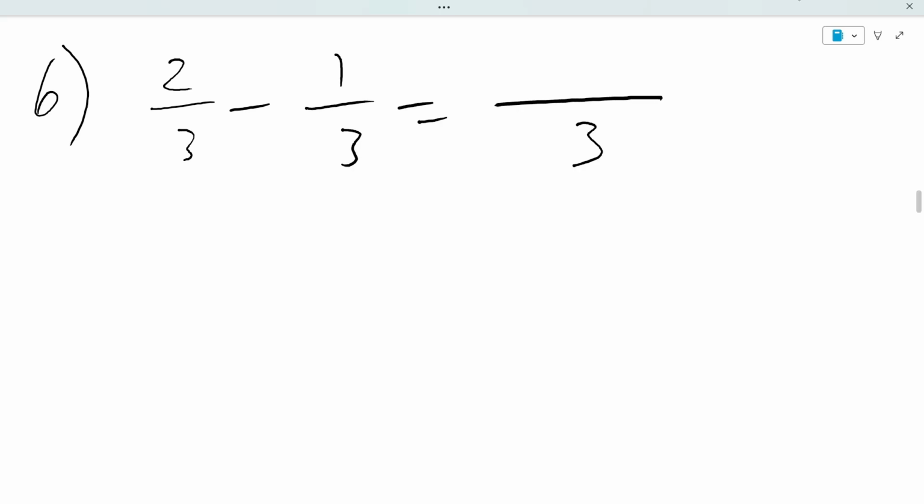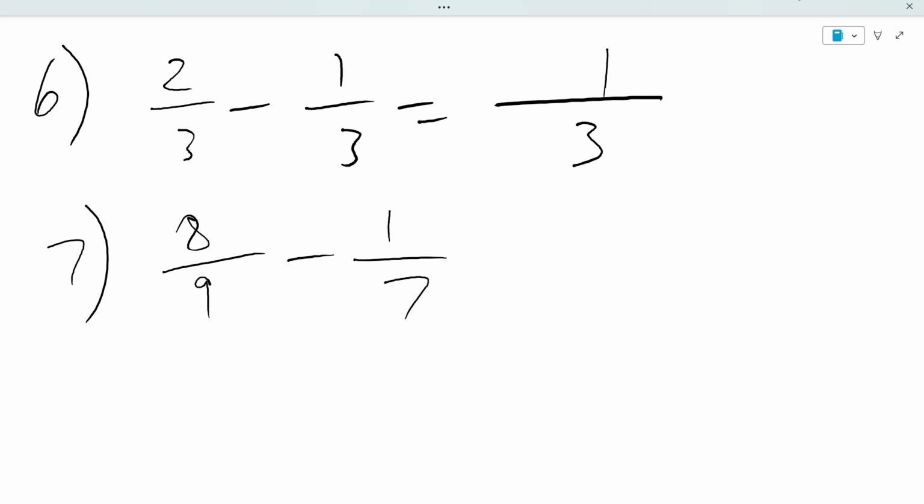Subtracting fractions is the same logic, you just subtract the numerators instead. So if I had 2 thirds minus 1 third, replicate the denominator again, and then just 2 minus 1 is 1. And again, if they have different denominators, say we have 8 ninths minus a seventh, different denominators, make them the same.